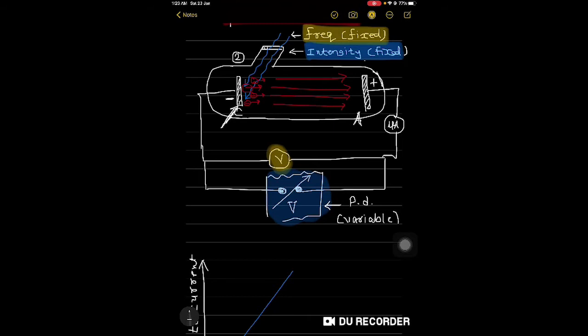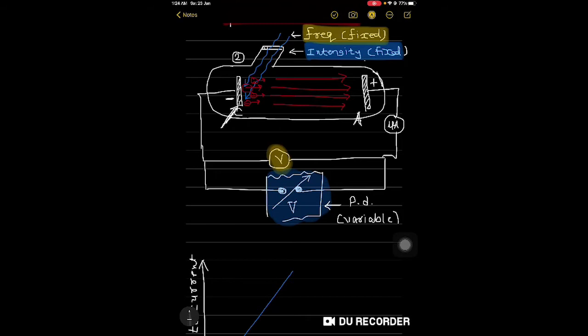To understand this, what we will do is first keep the plate A at some positive accelerating potential with respect to the plate C, and illuminate the plate C with light of frequency f.